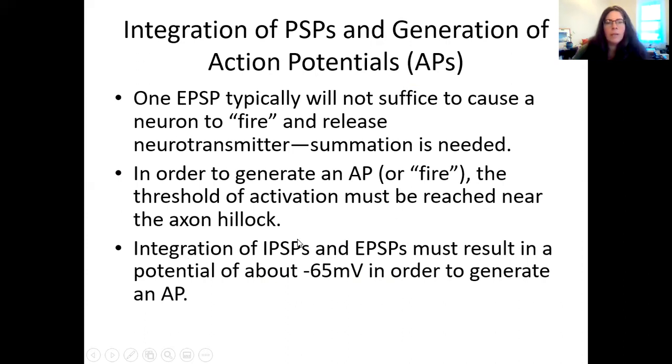The site of activation is the axon hillock. Messages that come from the dendrite have to reach the axon hillock in order for the charge to change.